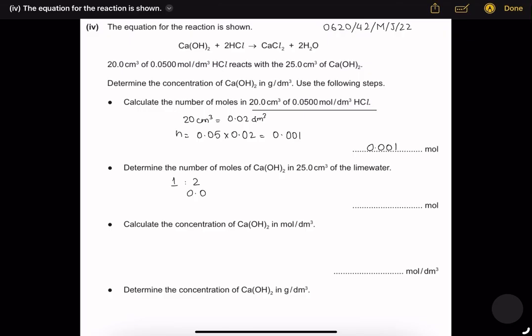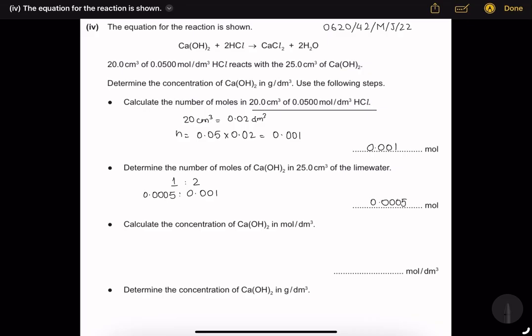This is 0.001, and this will be 0.001 divided by 2, that is 0.0005. That's the number of moles.